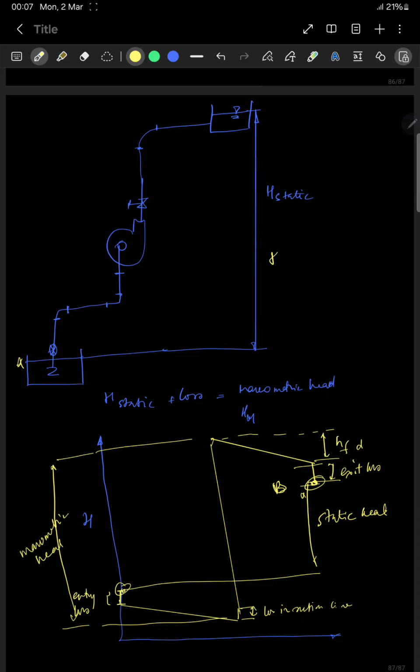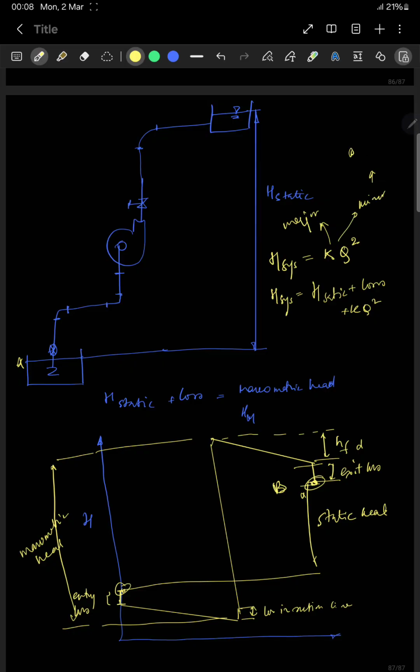So we have the system characteristics as K into Q square, because H system equals H static plus the losses, and losses is defined by KQ square. Losses can be major or minor.